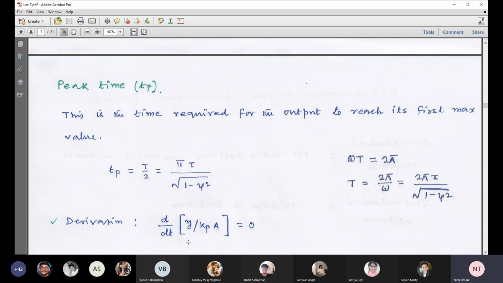Something includes the different parameters, so that should not be 0. So sine omega t equal to 0. That means omega t equals n pi. Yes, sir. Then since it's the first solution, n will be 1. And then t equal to, you will get the same expression, capital T by 2.